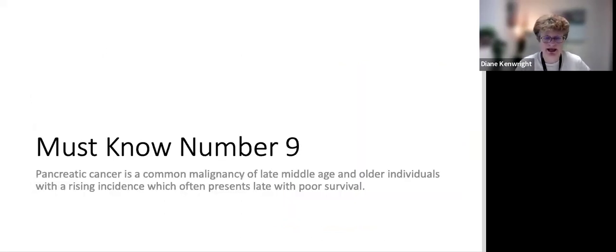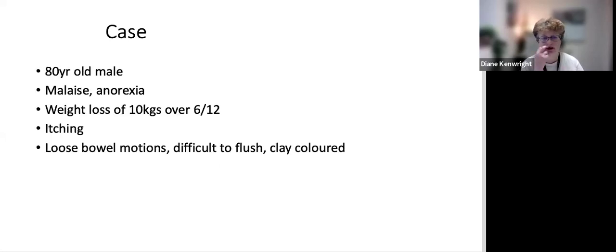Number 9, pancreatic cancer, which is actually a relatively common malignancy of middle-aged and older individuals. It has a rising incidence and is very, very difficult to remove surgically, so has a very poor survival. So let's think of a typical case of pancreatic carcinoma.